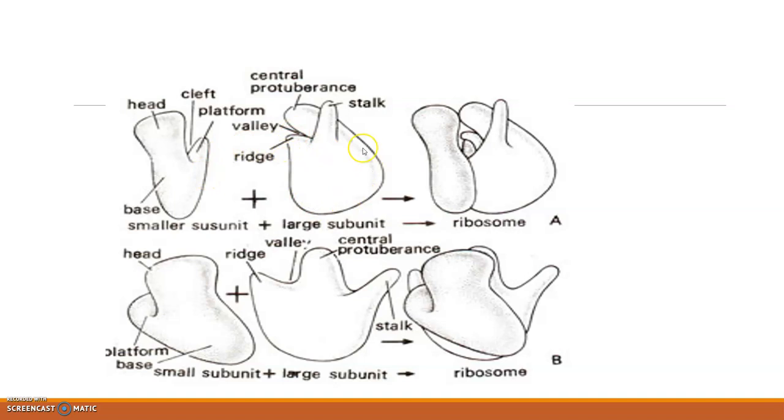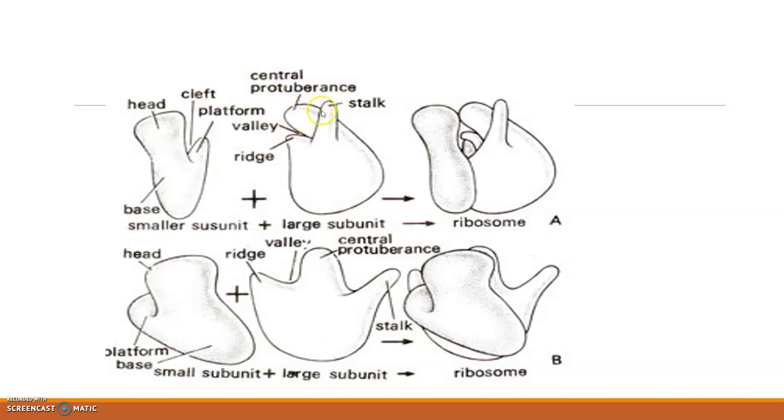Now coming to the larger subunit, here also we have a region similar to the platform. That region we call the ridge, and the cleft-like region here we call the valley.